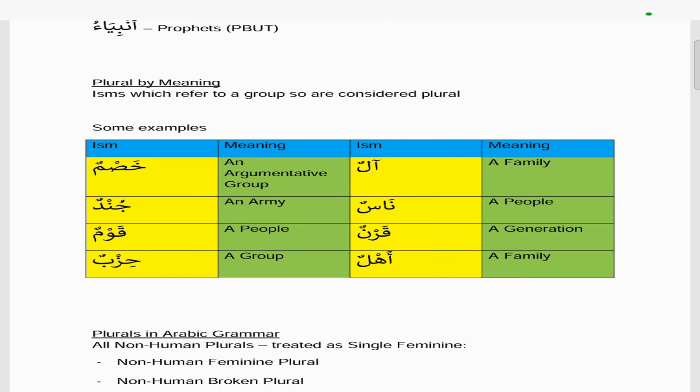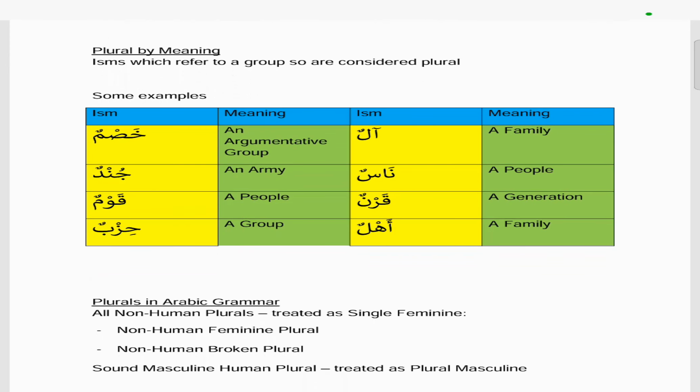So the next group is plural by meaning. These are isms which refer to a group, so they are considered plural. So some examples, khasmun is an argumentative group. So even though you might be talking about a singular group, because you're talking about a group, they're considered plural. Unlike in English, where we would consider one group as single, in Arabic they consider them plural.